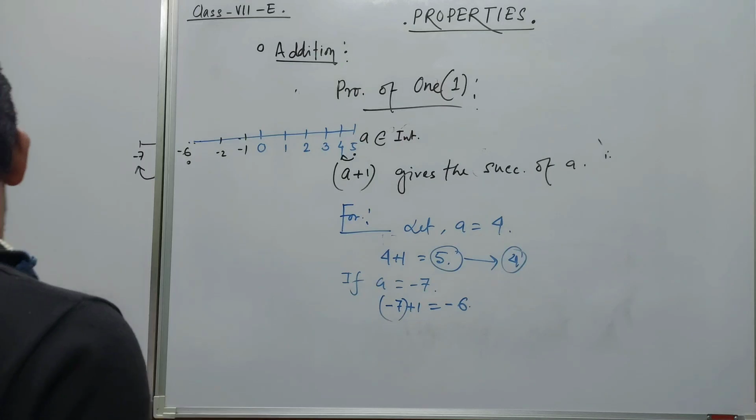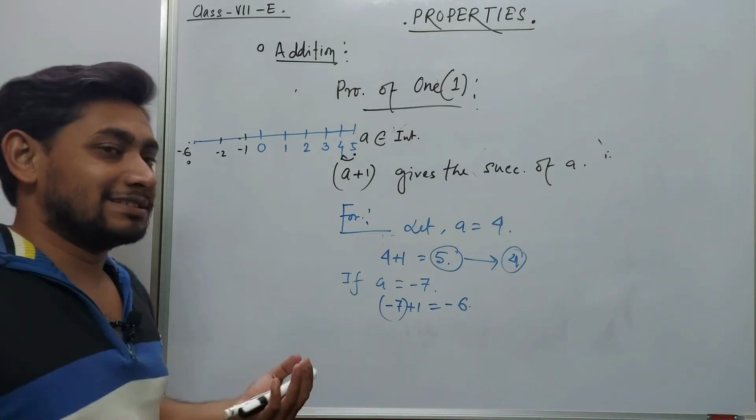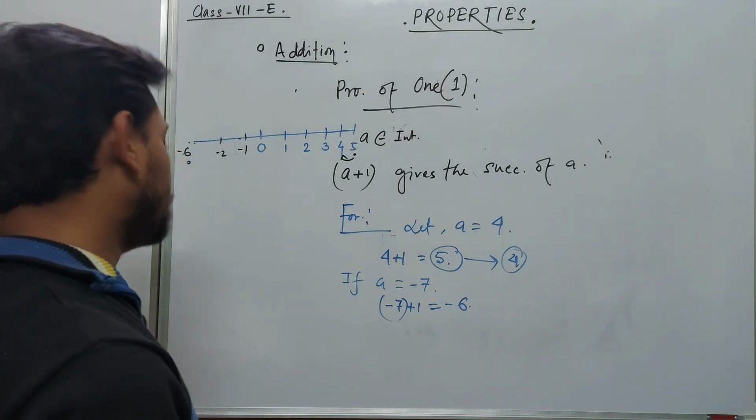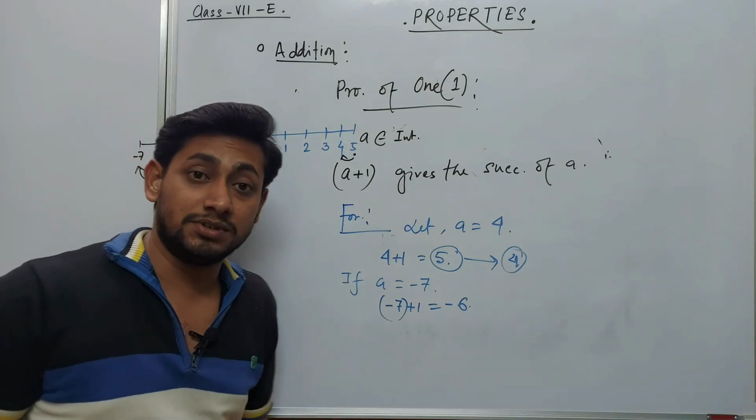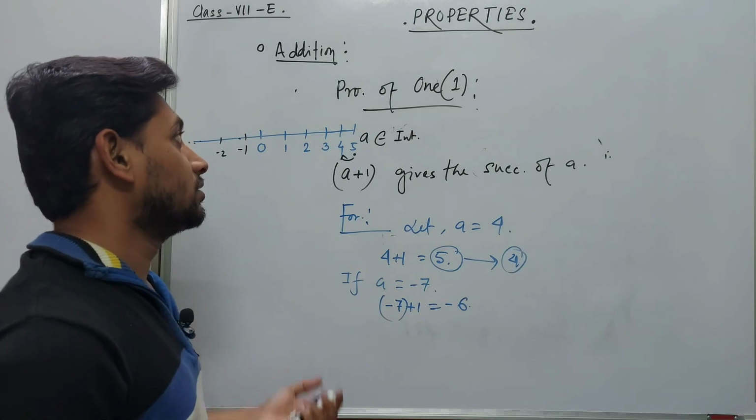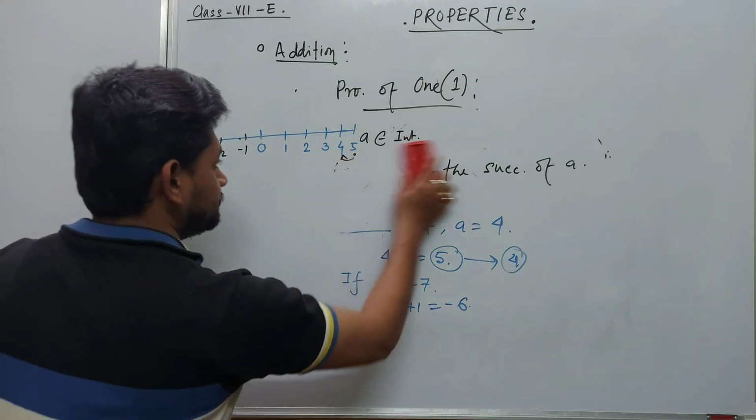Next, properties of subtraction, that is commutative property, closure property, associative property, property of 0, and property of 1. Let's start.